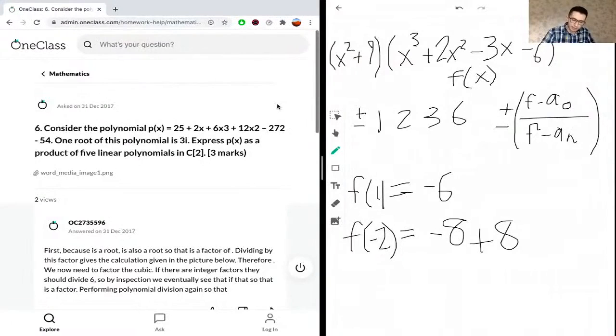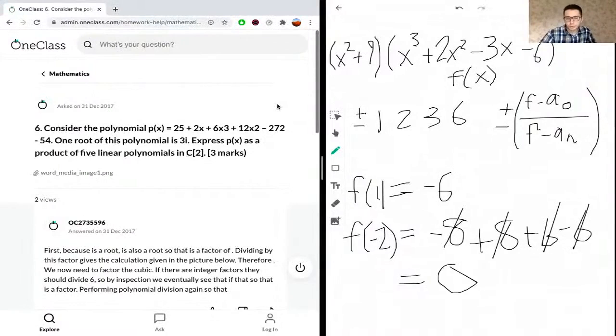And then we have -3 times -2, which is +6. And then lastly, -6. So the 6's cancel out, the 8's cancel out, and we're left with 0. So we know x equals -2 is a root of this function.